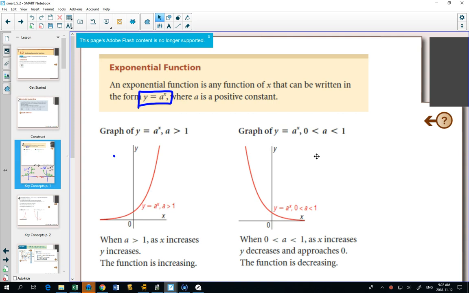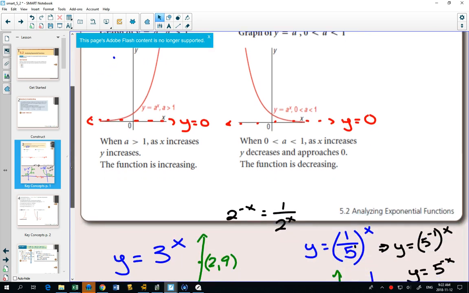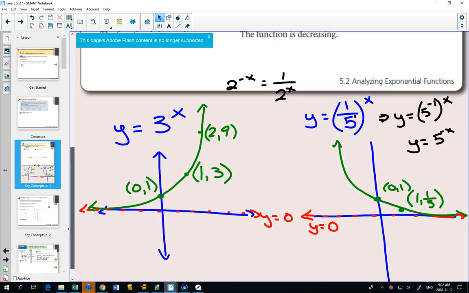So in section 5.2, they summarize this. An exponential function is any function that can be written in this form, y equals a to the x, where a is a positive number. And they talk about some of them swooping up, and you can draw in your asymptote here at y equals 0, and some of them swooping down. You can draw the asymptote with y equals 0 in there. However, sometimes it's easier to actually think of numbers to see this. So I redrew our 3 to the x graph, and I picked another fraction, like a 1/5.